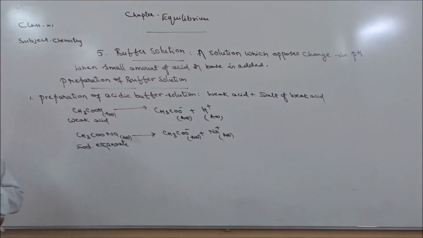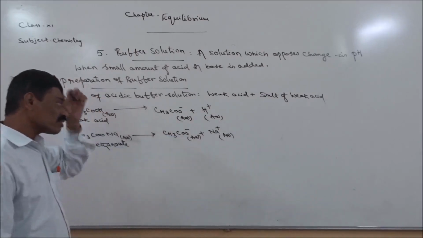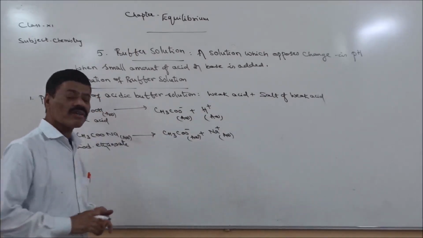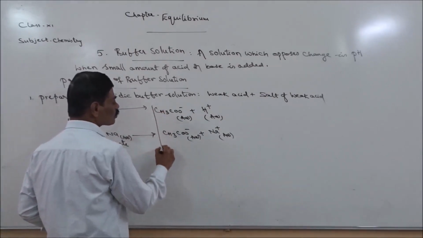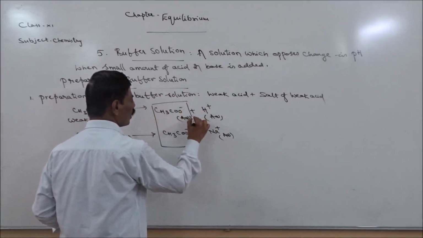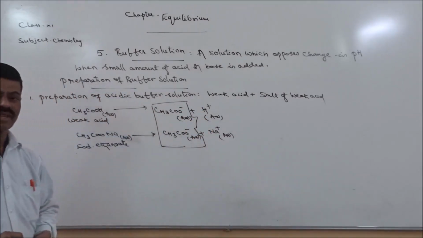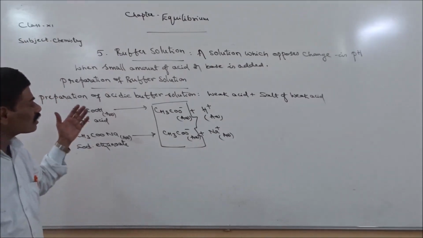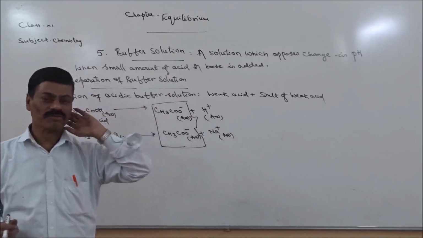Right? Now, in these two equations, you can see the common ions, as you had seen in the common ion effect phenomenon. Here, common ions are these two ethanoate ions. Right? Means the concentration of products towards RHS is more.